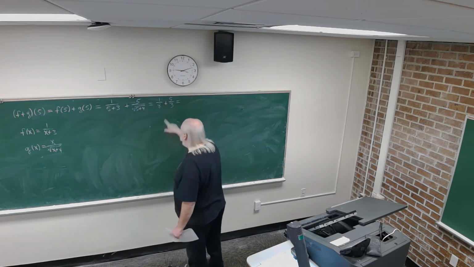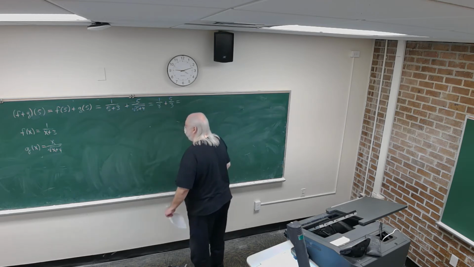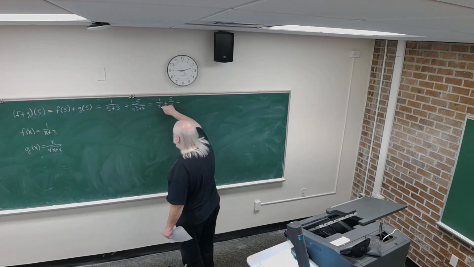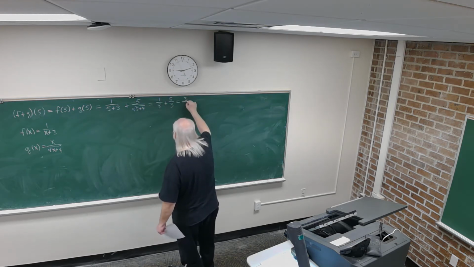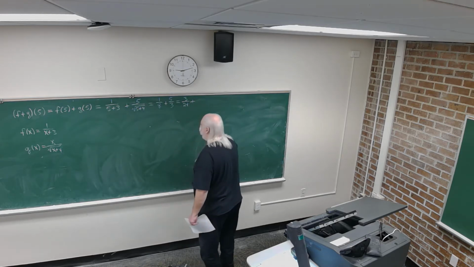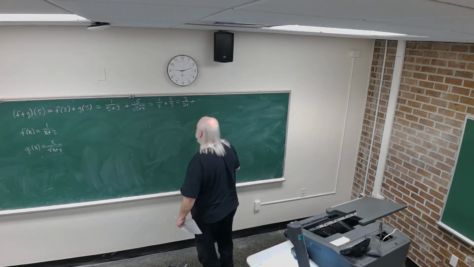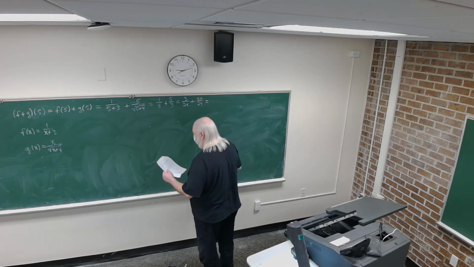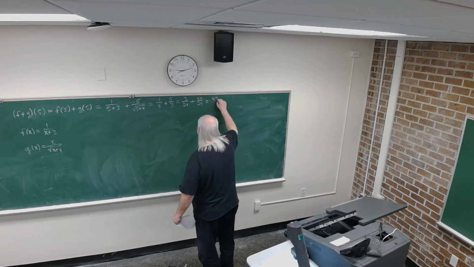The common denominator in this case is 3 times 8, which is 24. So we multiply the top and bottom of the first fraction by 3. We have 3/24ths. We multiply the top and bottom of the second fraction by 8. We have 40/24ths. And 3/24ths plus 40/24ths is 43/24ths.